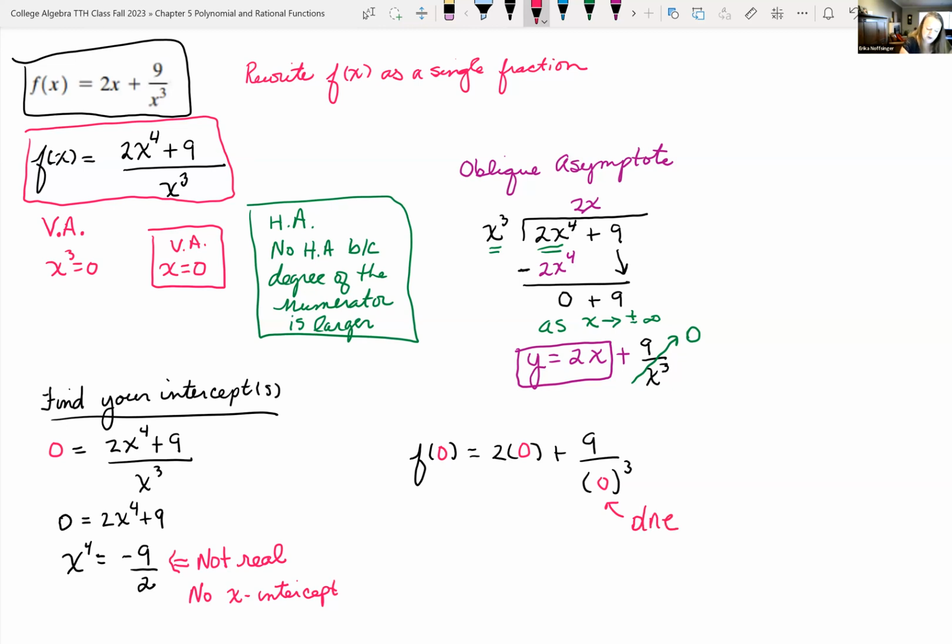And so 0 is not in our domain. So there's going to be no y-intercept.